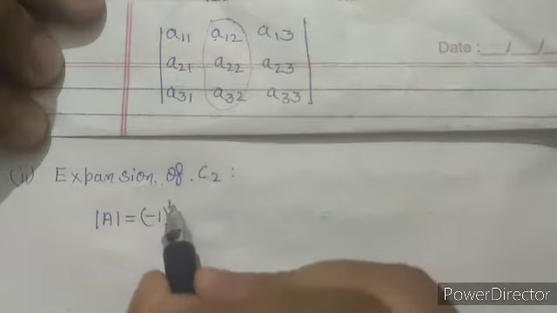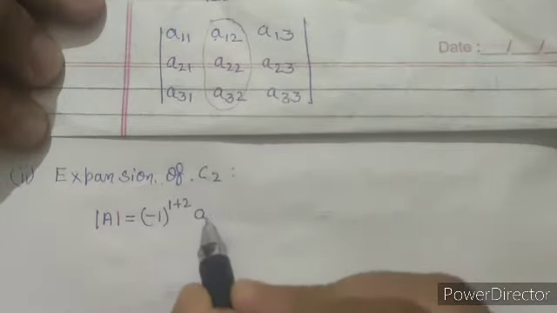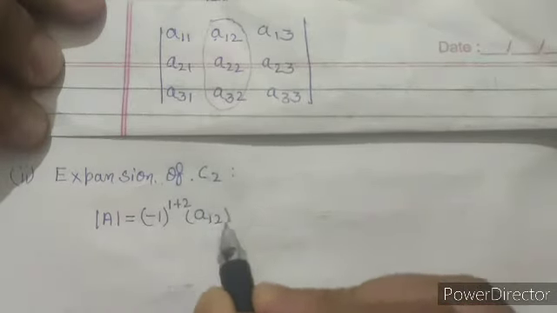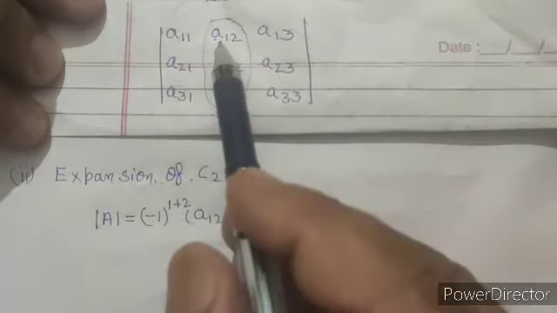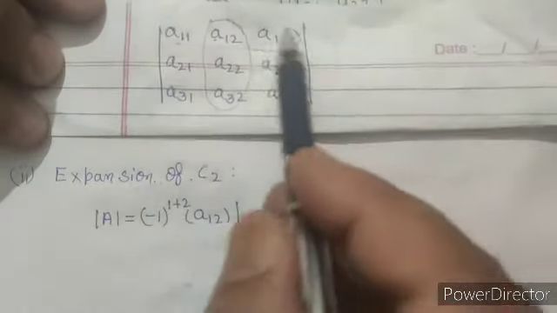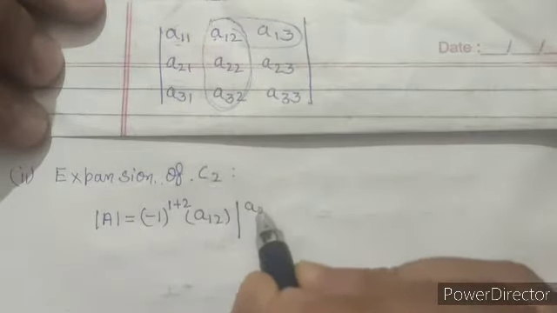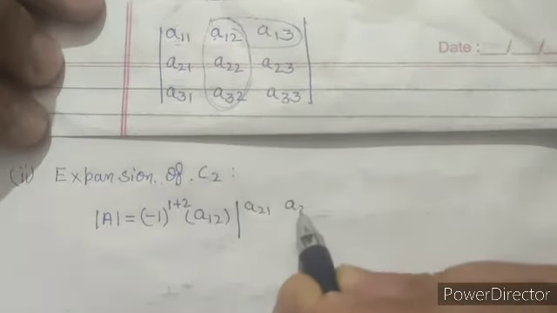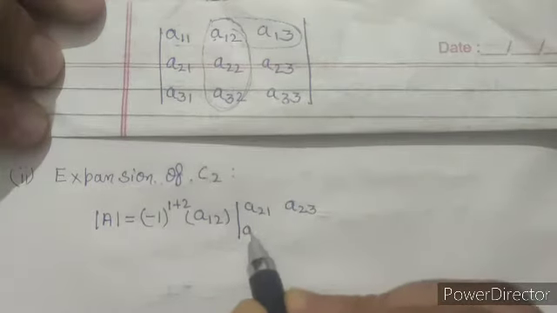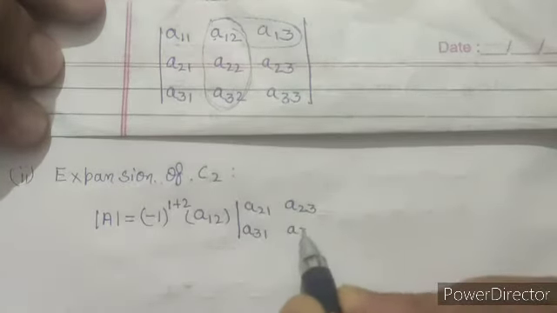So this will be 1 plus 2 A12 into. Now again we will eliminate the row and column of A12, and that will give us A21, A23, A31, A33.